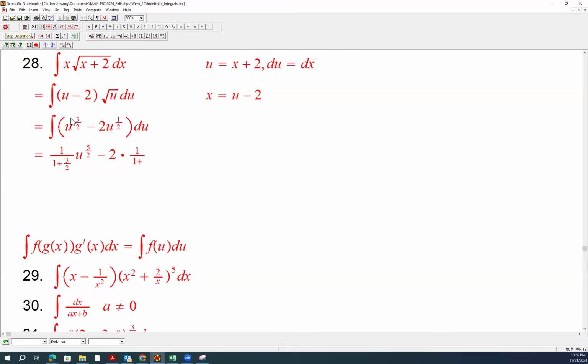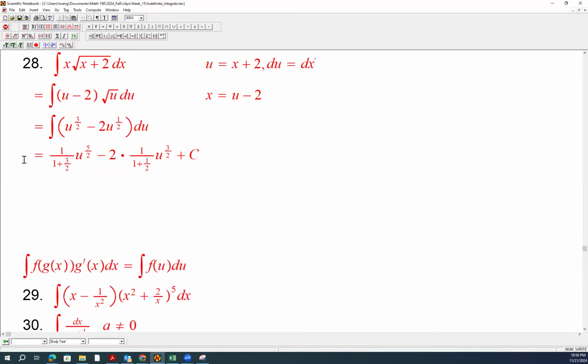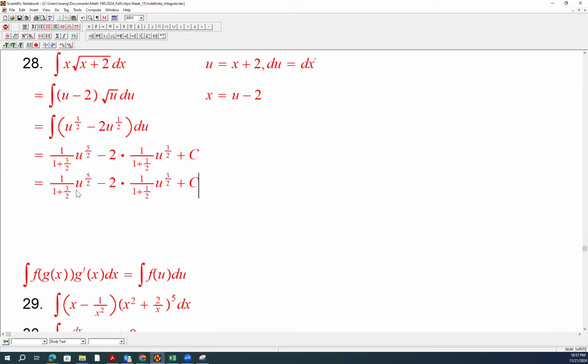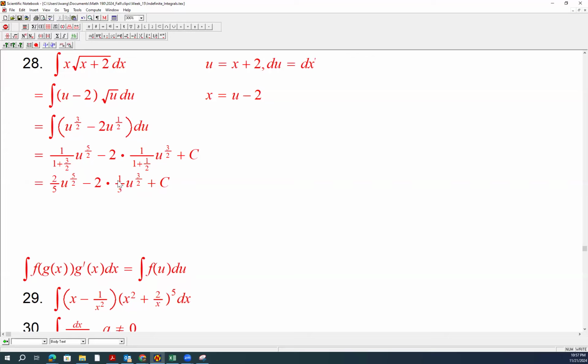Okay, so 1 plus half, u raised to the power of 3 halves, plus a big constant. And the rest is reducing and substituting back. So this is 5 over 2, and this is 3 over 2. And 2 times 2, that's going to be 4 over 3.